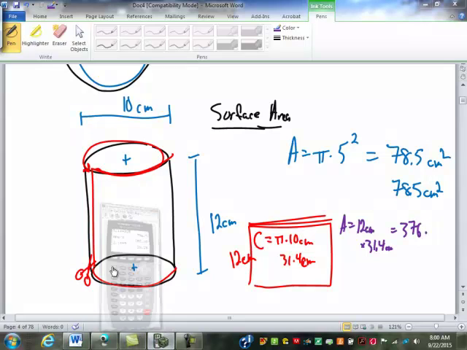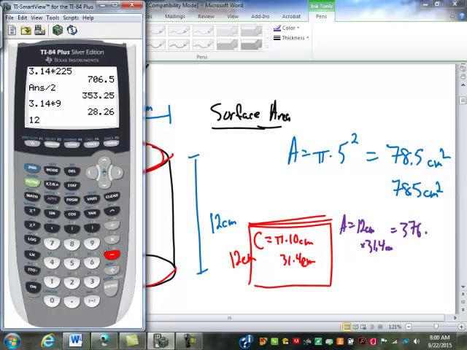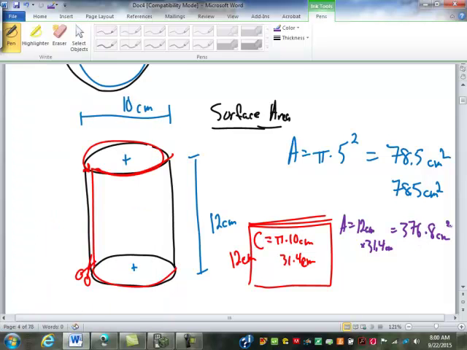Just 12 times 31.4. Okay, so that gives us 533.8 centimeters squared, or 533.96 if you use the pi key.